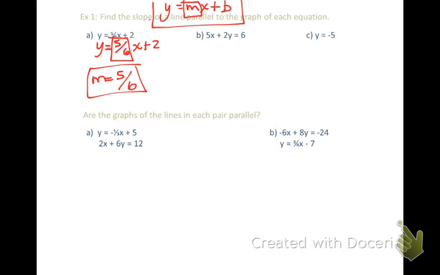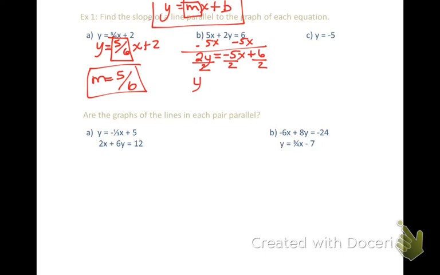B, it's a little different. We do not have y by itself, so we first need to get y by itself. So I'm going to subtract 5x to both sides. So I have 2y equals negative 5x plus 6. Remember, they're not like terms, so you cannot put them together. And then I'm going to divide by 2 because I still need to get y by itself. And all the numbers are going to be divisible by 2.